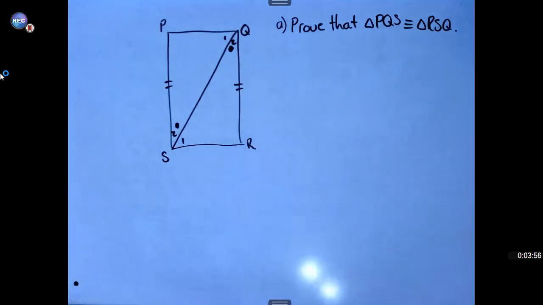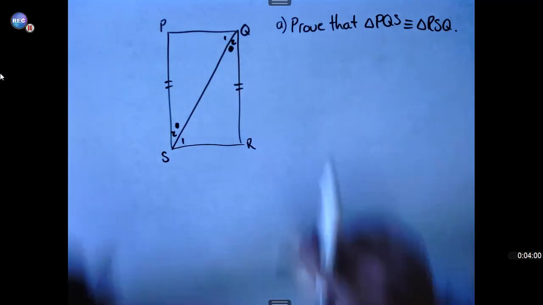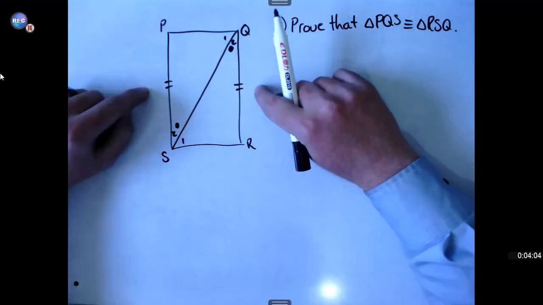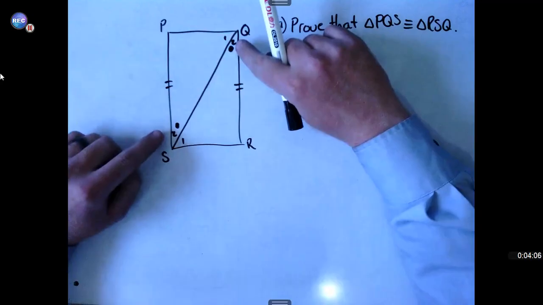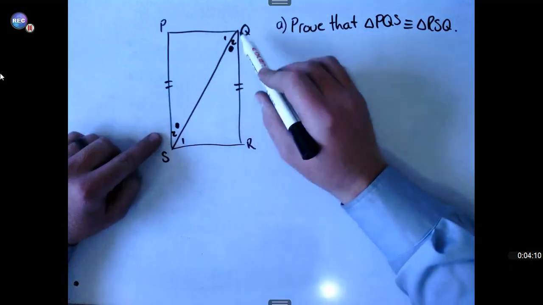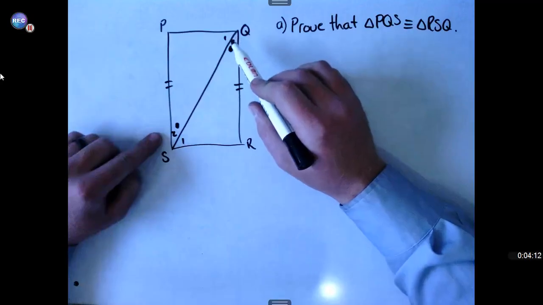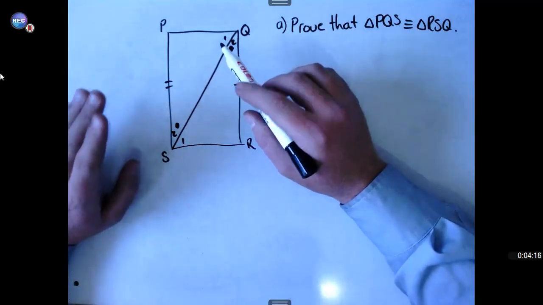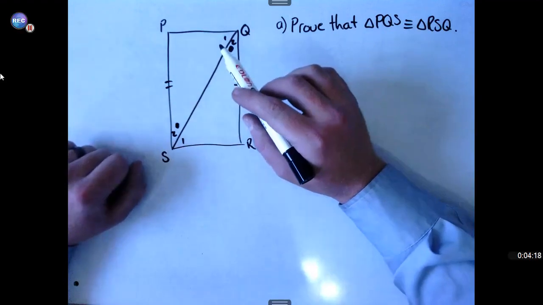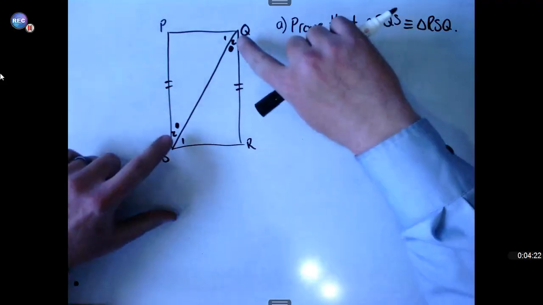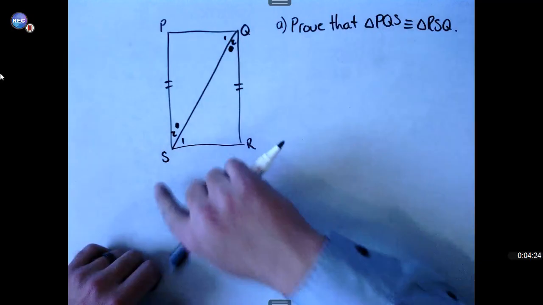Because I already have 1 pair of corresponding sides and 1 pair of corresponding angles, and because this is a common side shared by both triangles, I can work with, instead of the RHS method, the SAS condition, which is side, angle, side.